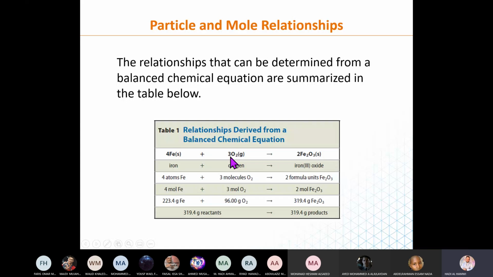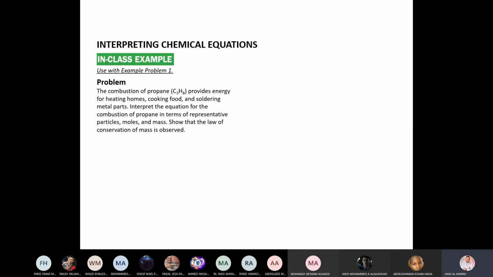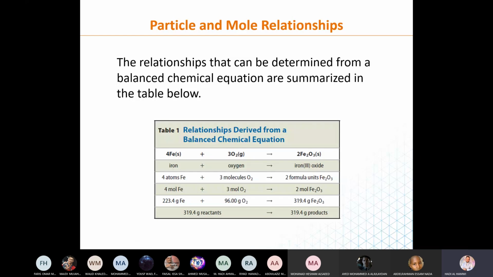I have 3 molecules of oxygen. Fe2O3 is a third type of representative particle. We call it a formula unit. We have 2 of it, so we have 2 formula units. So we have 4 atoms of Fe, 3 molecules of O2, and 2 formula units of Fe2O3.